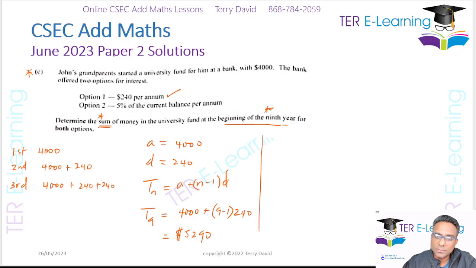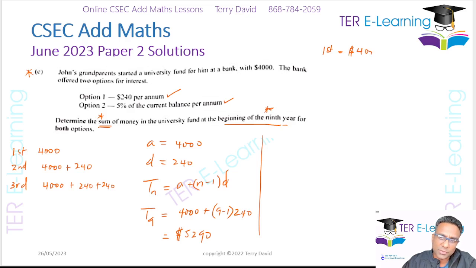That's option 1. Now the second option here, this is option 2. They said that you are increasing by 5% of the current balance. Now this here is a geometric progression as well, and here's why. In your first year, at the beginning of the first year, we have $4,000.